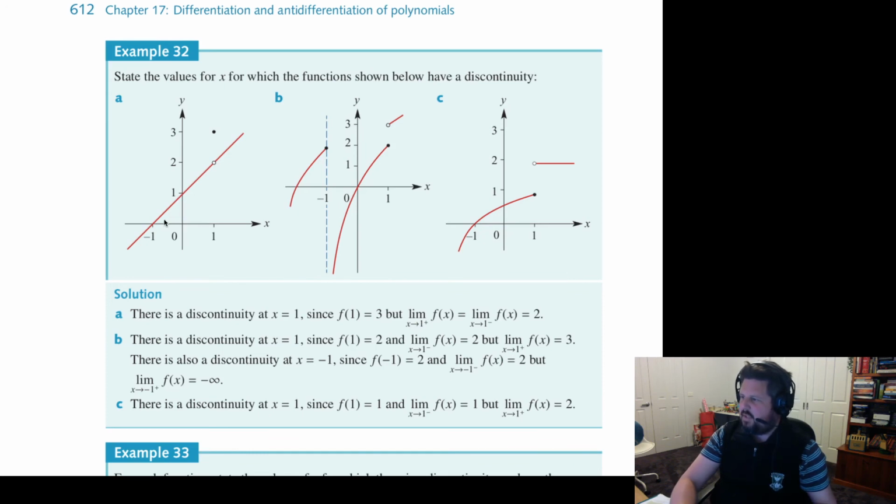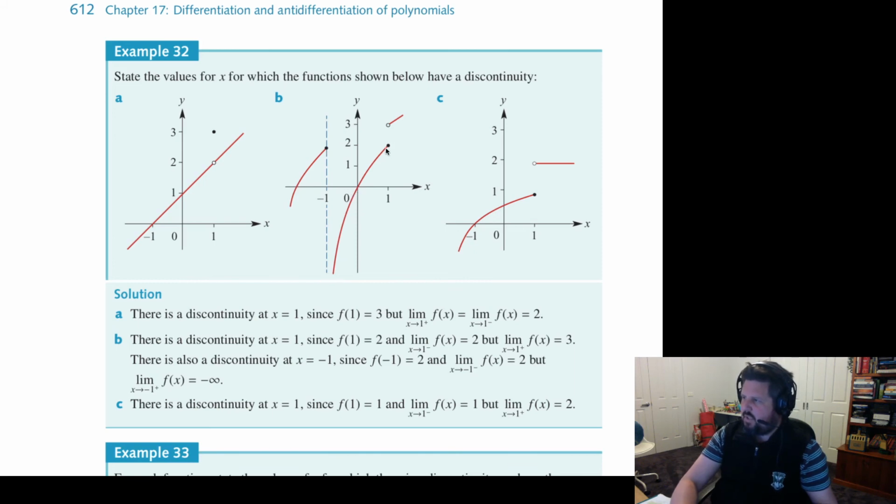So they're saying here at x equals 1, you can see that it's going to be discontinuous. Likewise here, if I'm going to draw this one, I'm drawing up until this particular point at -1, then the pen has to come off the page to continue drawing this part. So it's discontinuous at this point.